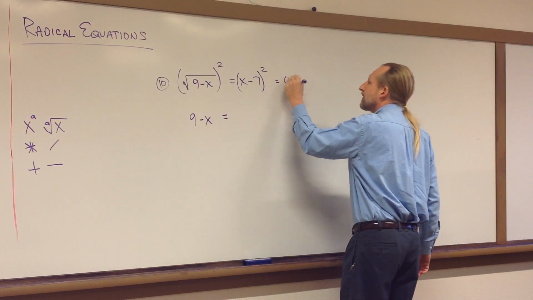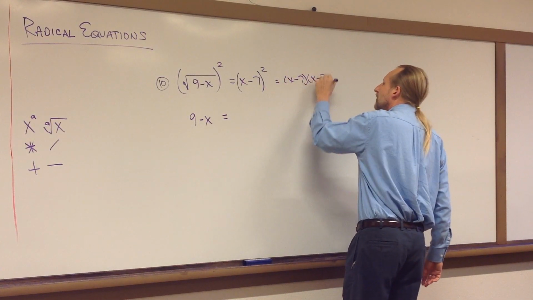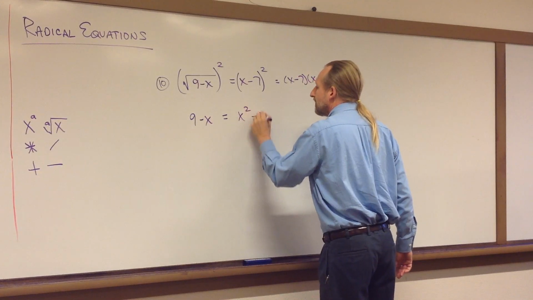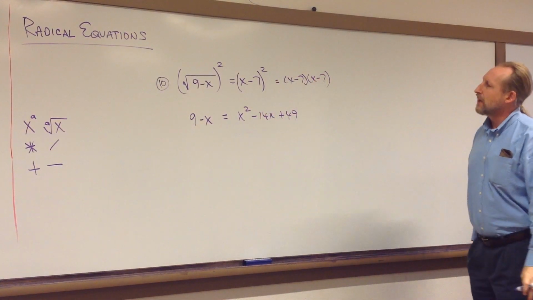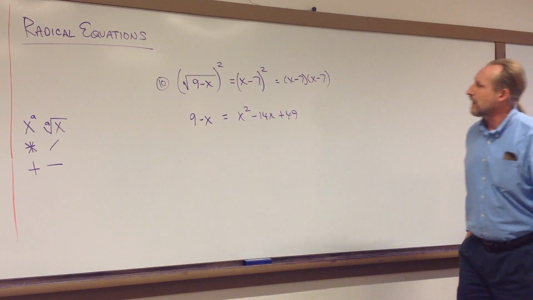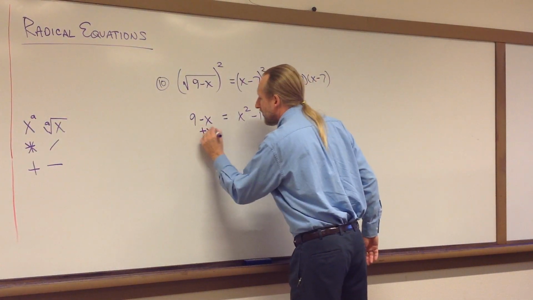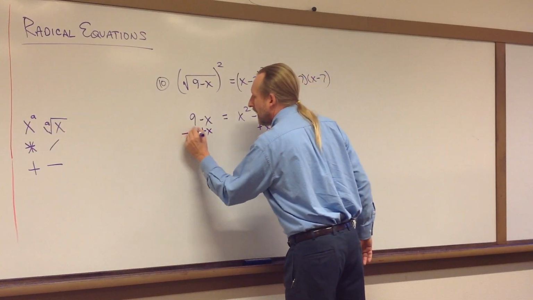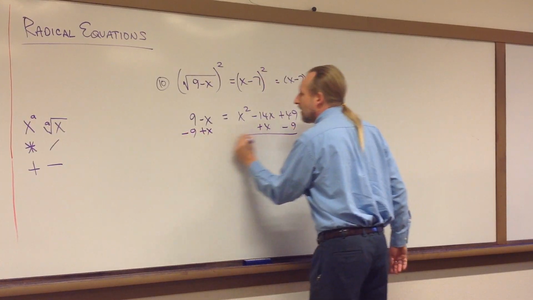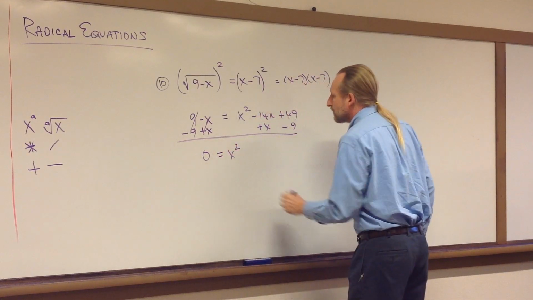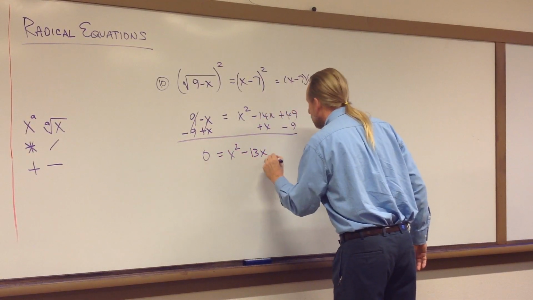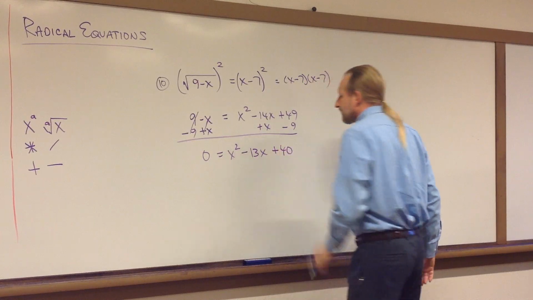And don't forget over here, you've got to multiply x minus 7 times itself. And so we get x squared minus 14x plus 49. And let's see, we'll add the x over here and subtract the 9 over here. So these cancel out and give us 0. And this will be x squared minus 13x plus 40.